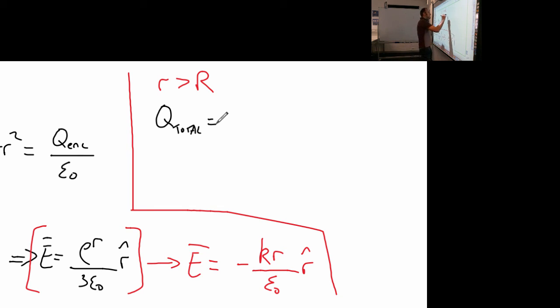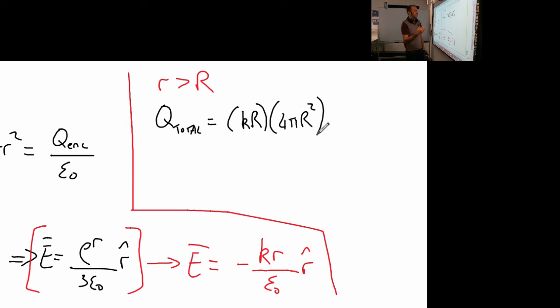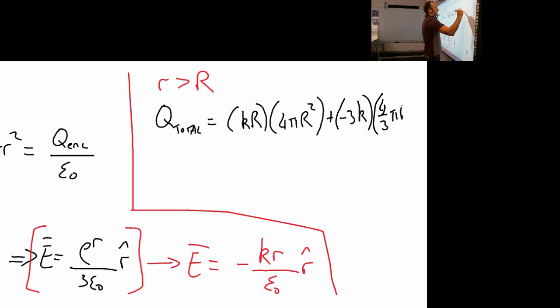So for the surface, what we have is our k times R multiplied by the surface area, 4 pi R squared, plus the contribution from the volume, so plus minus 3k over the volume, which is 4 over 3 pi R cubed.